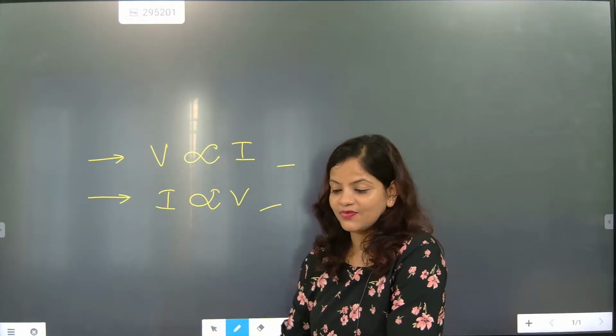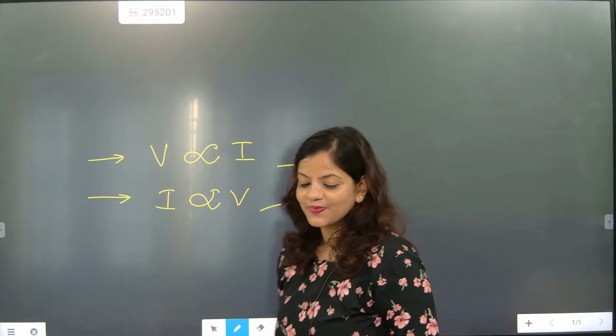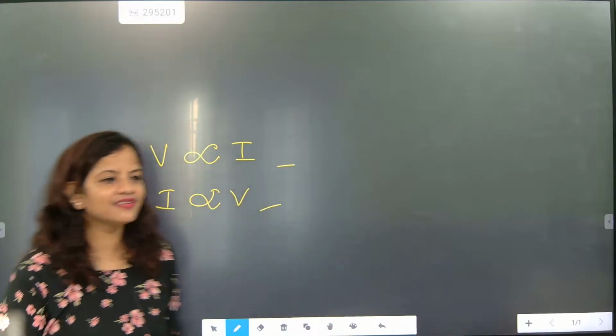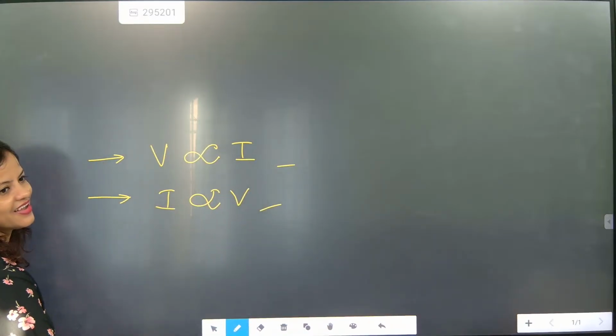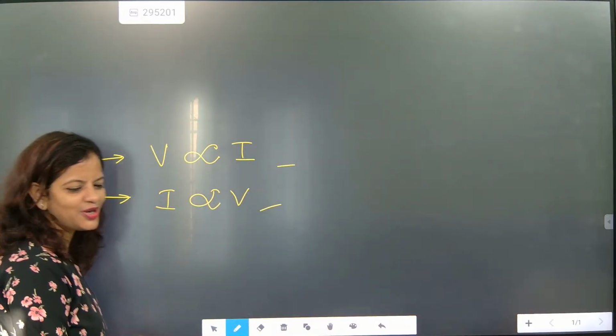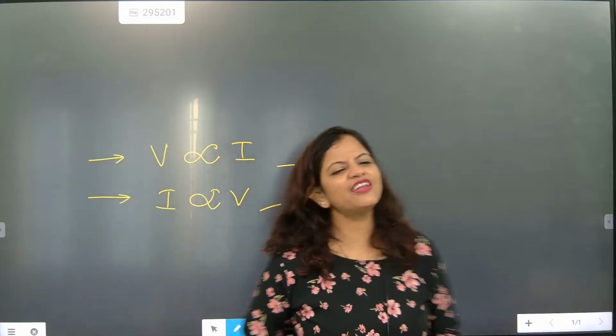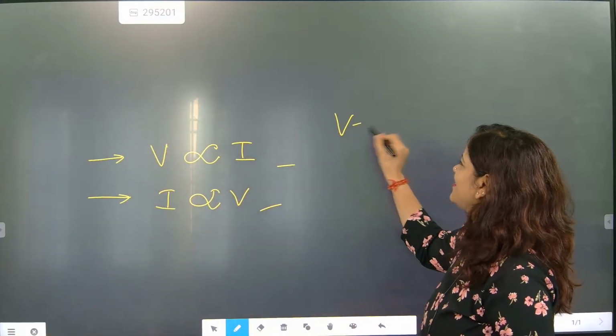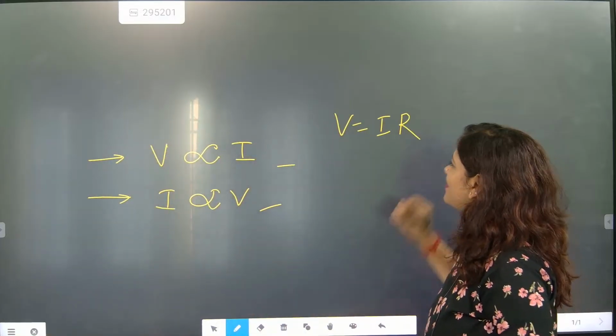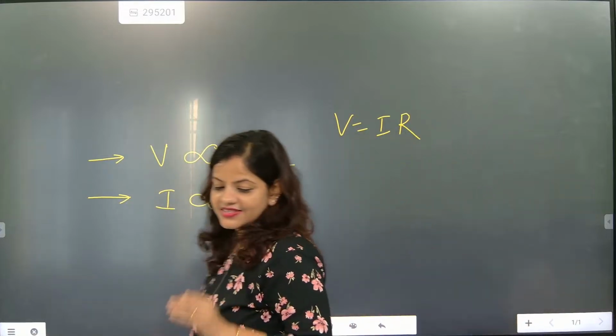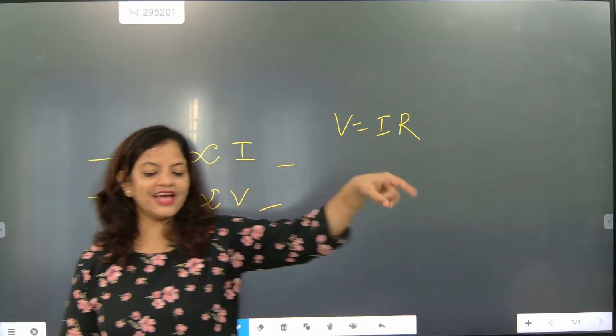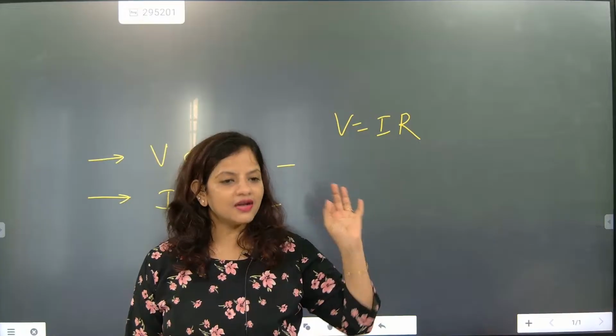What is the correct one? Current is directly proportional to potential difference, then why are we writing V is equal to IR? The correct answer is V is directly proportional to current.